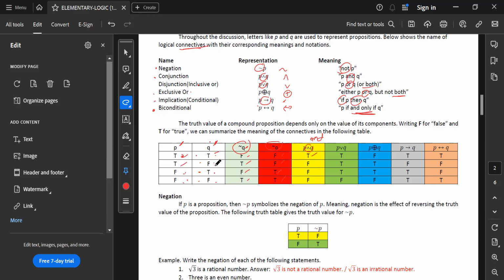So true and false is false, false and true is false, and false and false is false. About or, it is not so strict: as long as at least one is true, the entire proposition is true. So true or true, true; true or false, true; false or true, true; false or false, false.